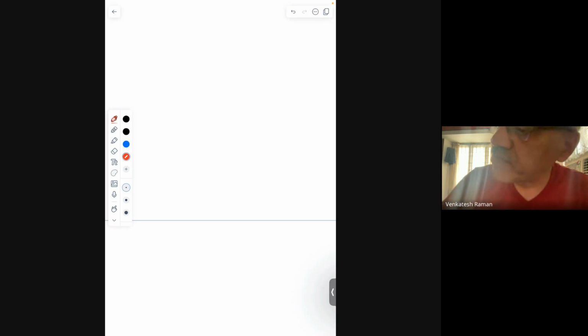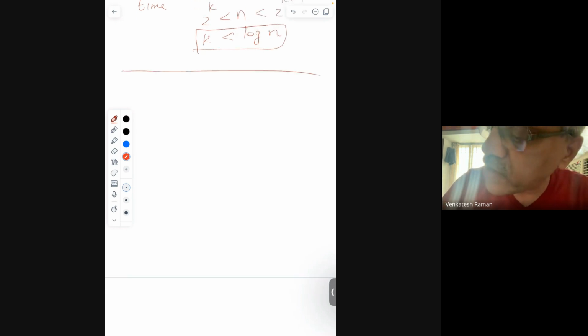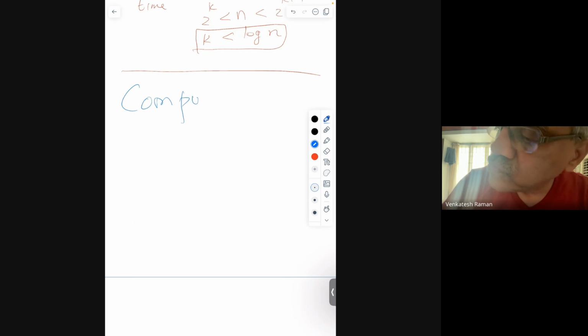Next question is again pretty easy. I want to compute a power n. So your input is a and n.